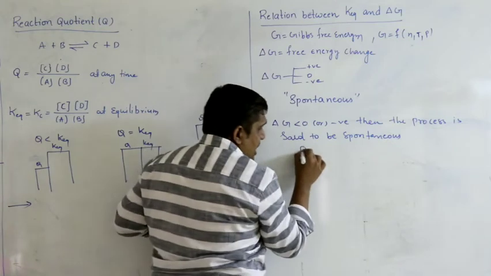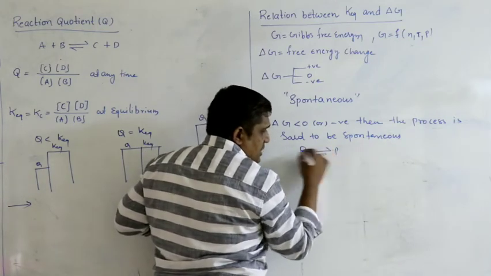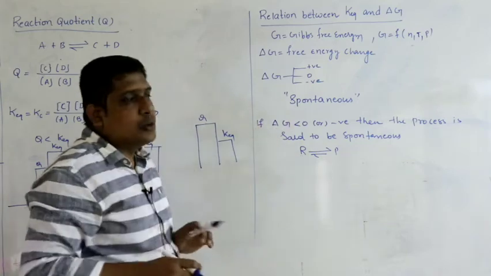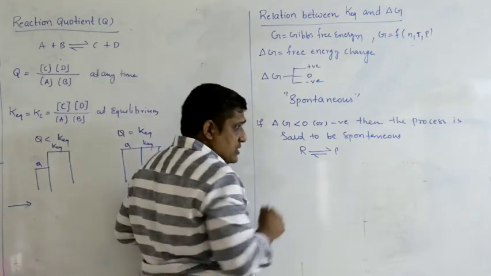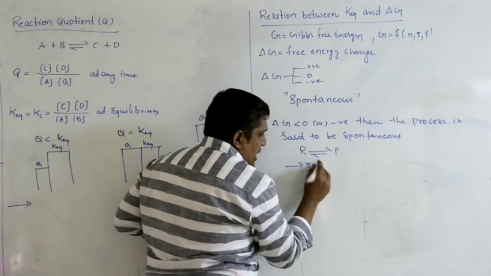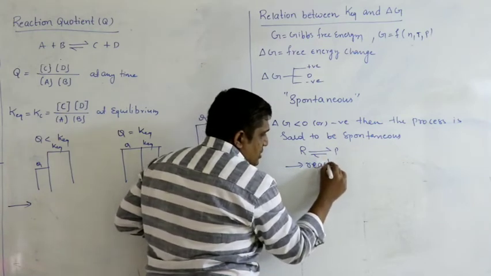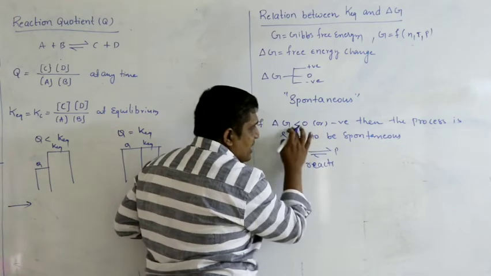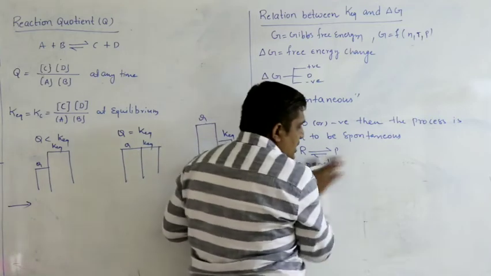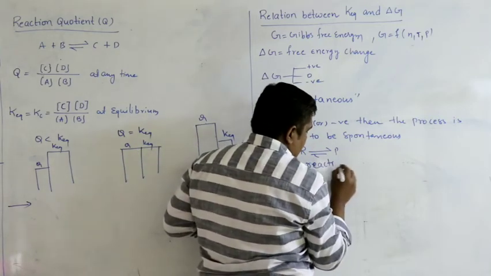We are considering an equilibrium reaction which takes place in both directions. For this reaction, if delta G is negative, then the process is spontaneous. That means the reaction proceeds in forward direction. It is spontaneous, meaning the forward reaction is spontaneous.